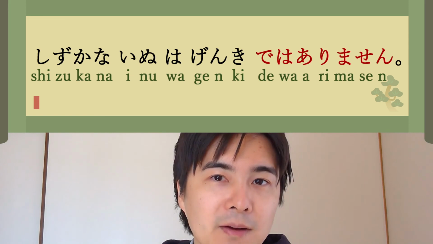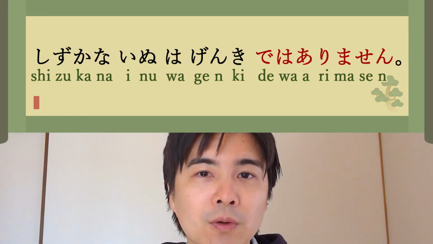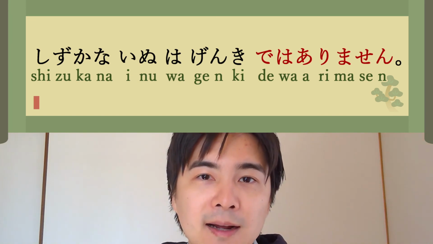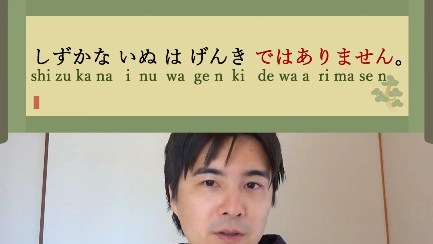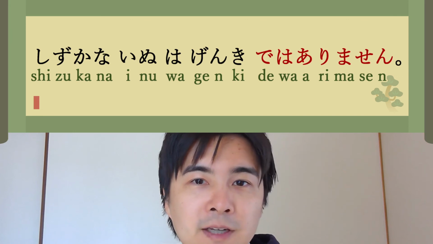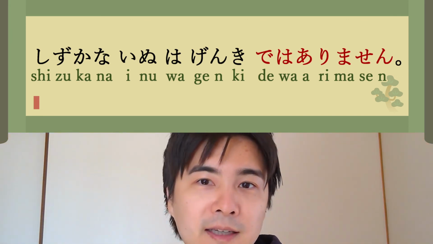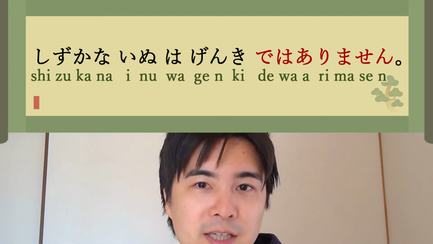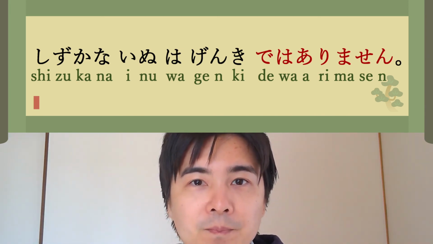元気な means energetic or healthy. And if です follows the na adjective 元気な, it becomes 元気です because, as I said in the previous question, na is removed when です follows a na-adjective. And in this case, we need to make the sentence negative. When the sentence is a negative sentence, we need to change です into ではありません.